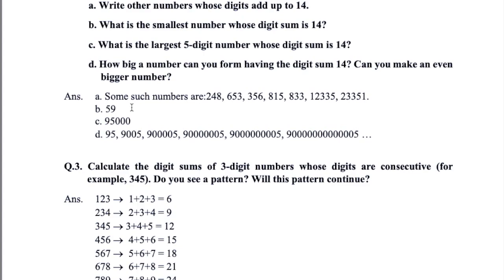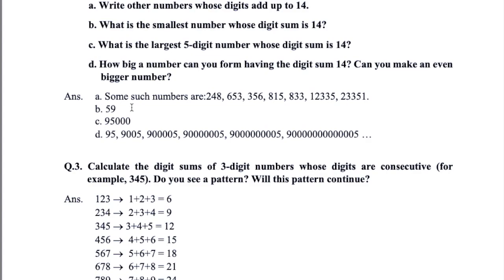Can you make any even bigger number? Some numbers are given here, as you can see, 95, 9005, 9 lakh 5. Likewise there are many numbers, 3 more numbers are here. You can consider many more numbers by adding as many zeros in between.